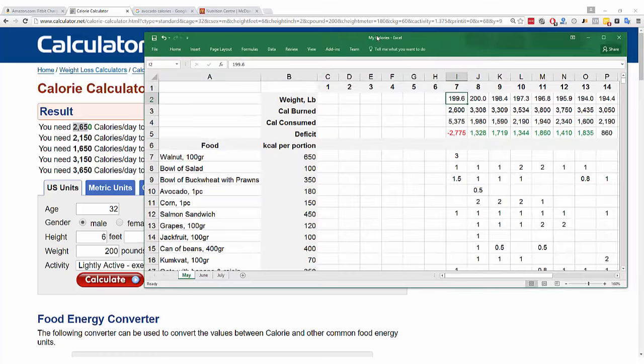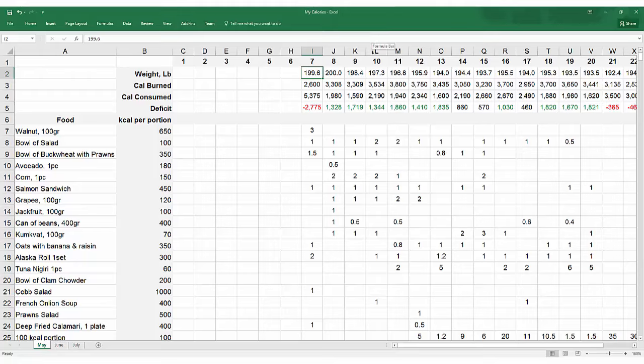And let me just show you a spreadsheet where I calculated calories. So in this spreadsheet, first let me introduce it to you a little bit, because it does look a little bit complicated. In this spreadsheet, I count calories. And there are several months here. For example, right now I'm in May, and that's when I started counting calories.